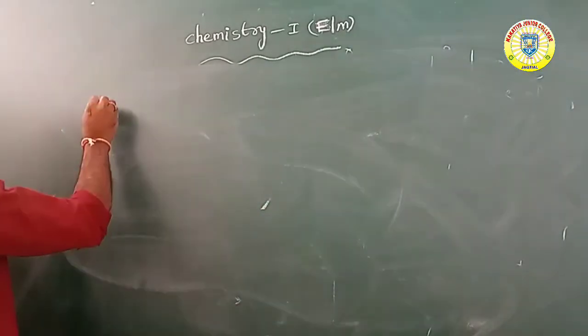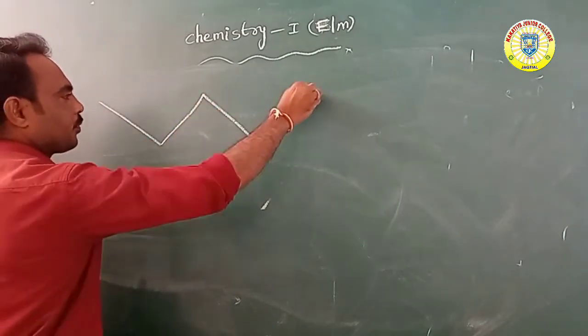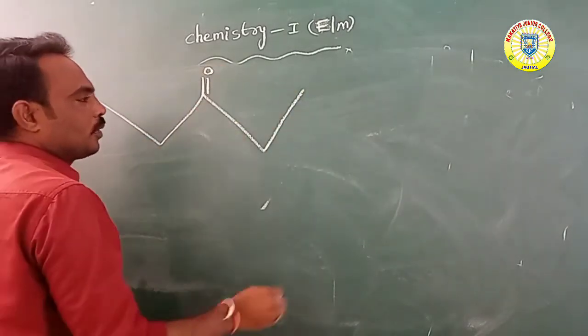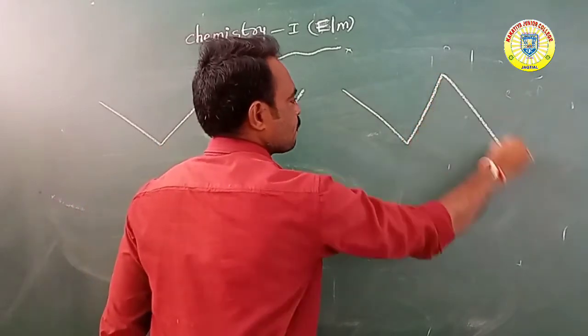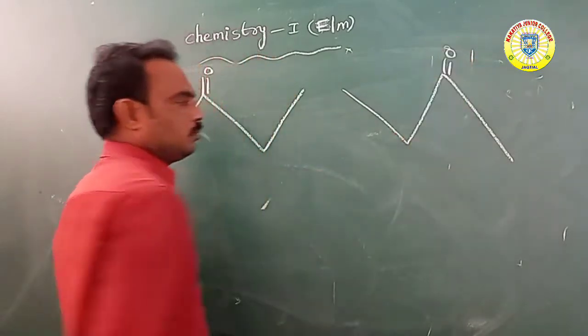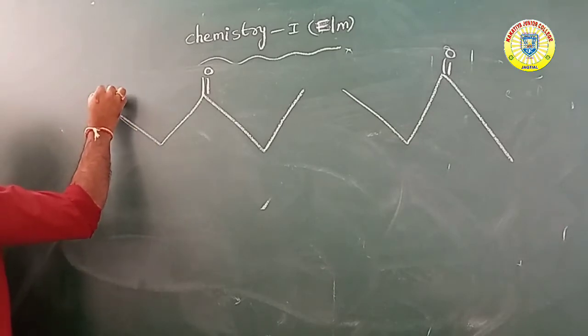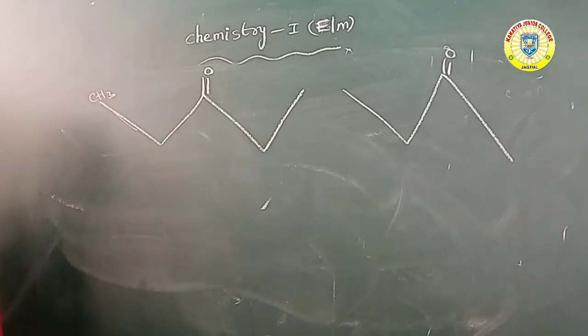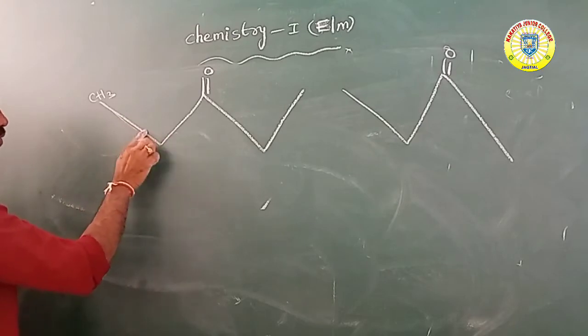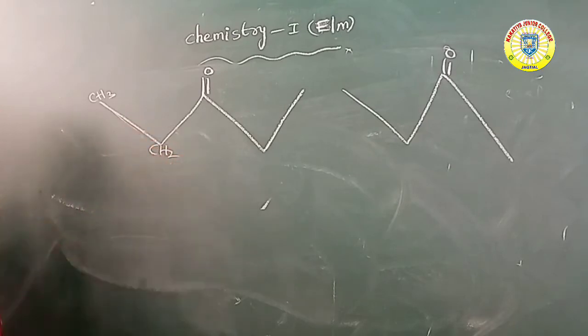Or suppose another structure with a double bond O. The end position contains CH3. Next, it contains two bonds, so we write CH2.